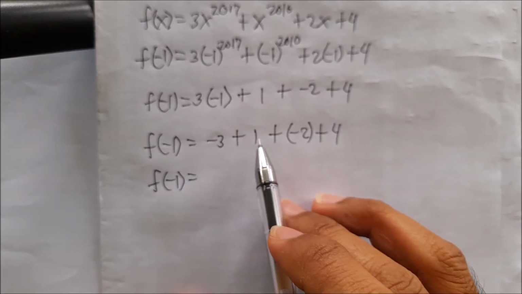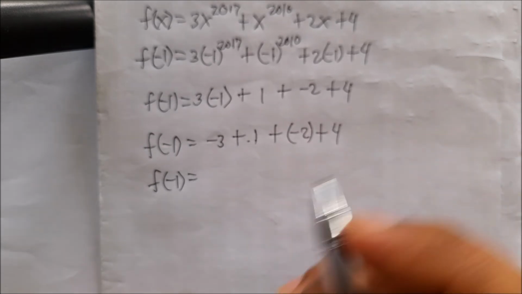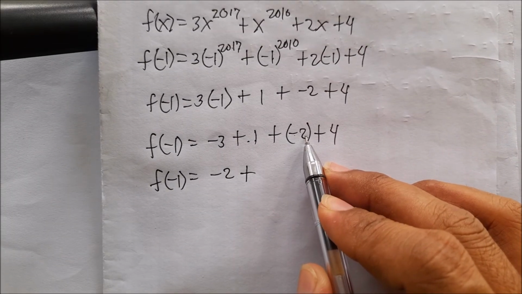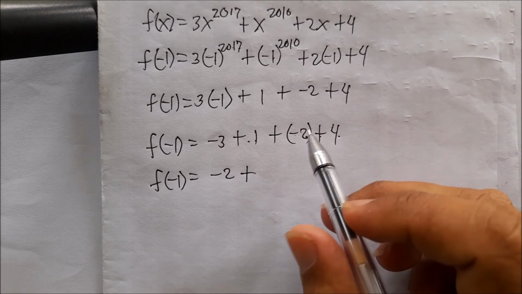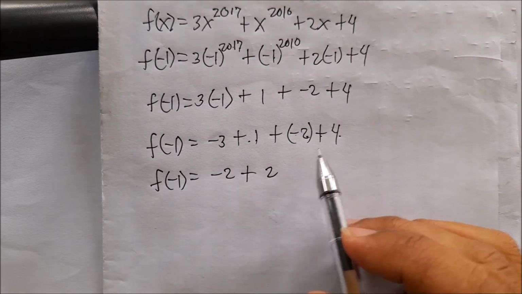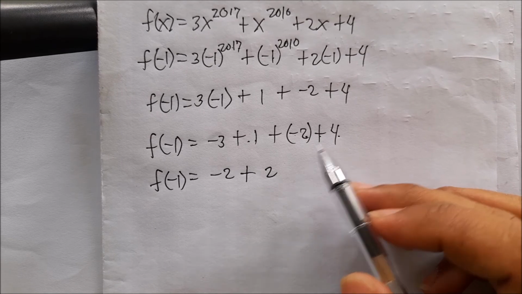Negative 3 plus 1, different signs, so subtract; it becomes negative 2. Plus 4, different signs, subtract; it becomes positive 2. Why? Because the greater number takes the sign.